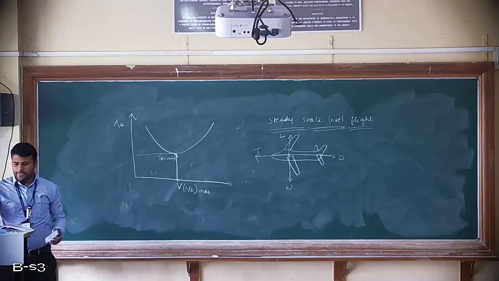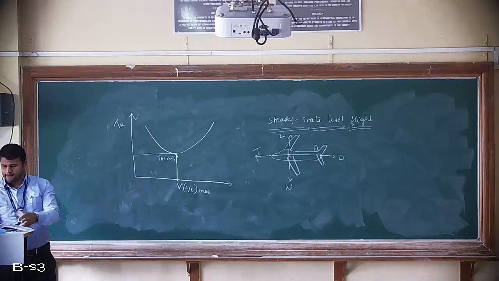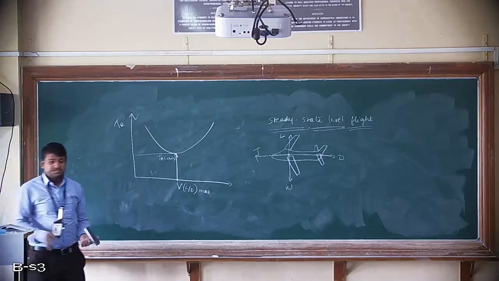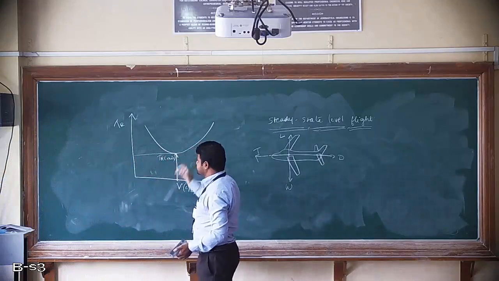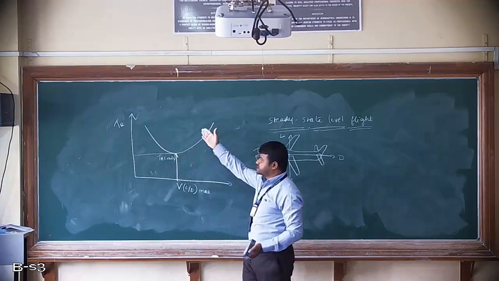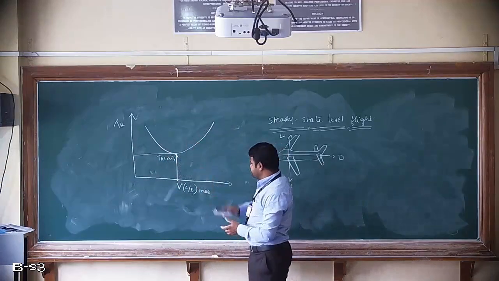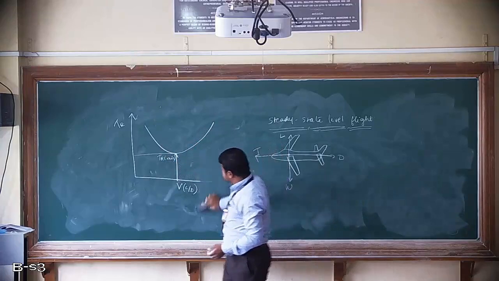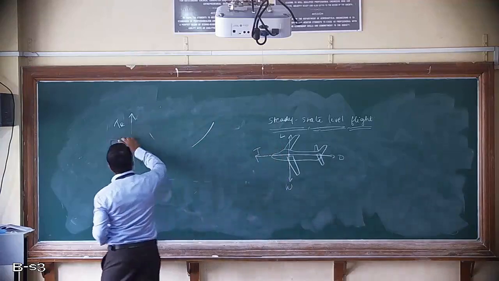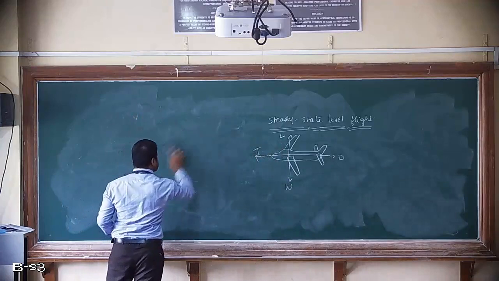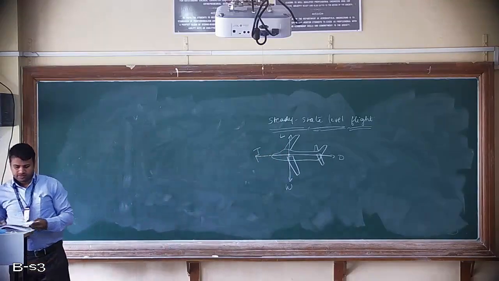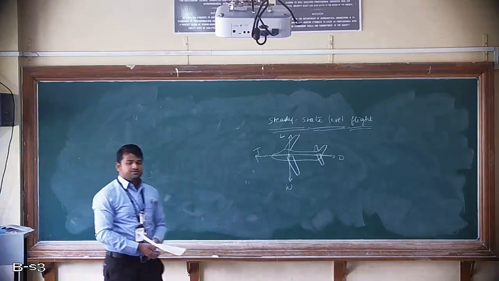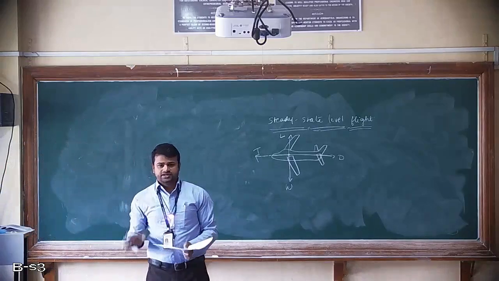So now the thrust available curve. We have seen the thrust required curve, which looks like the total drag curve. Now we will see how the thrust available curve will be. The thrust available curve will vary from engine to engine.